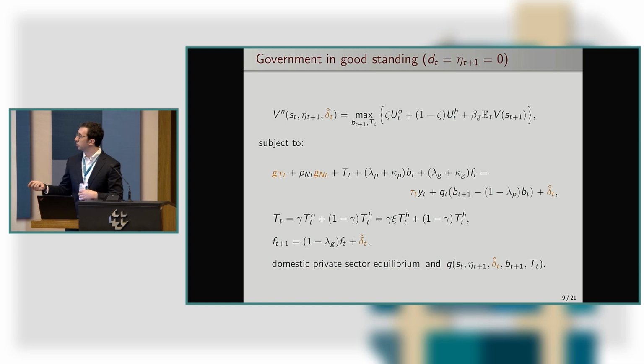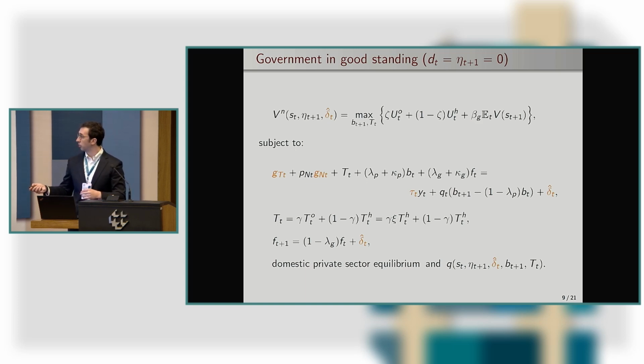We are going to assume that transfers to the richer households are lower in per capita terms than transfers to the poorer households. In other words, we're saying this tax system is progressive, and the distance of Xi from 1 determines how progressive it is. Xi, as you see here, is the ratio of the per capita transfer to the rich agents to the per capita transfer to the poor ones.